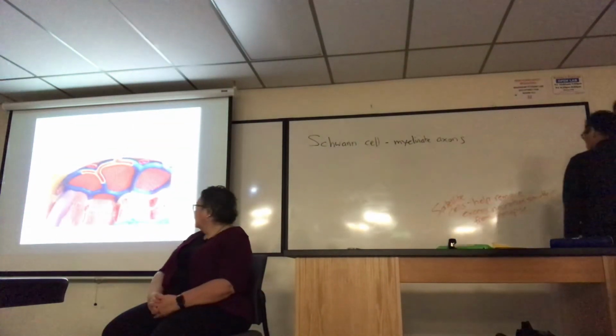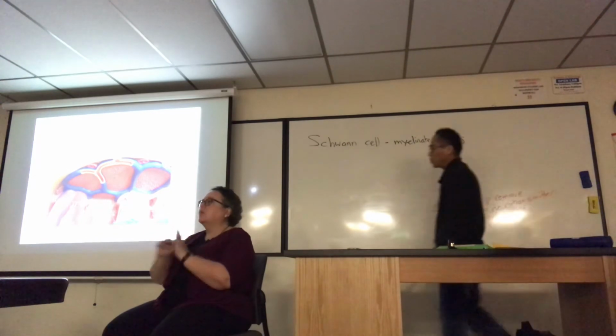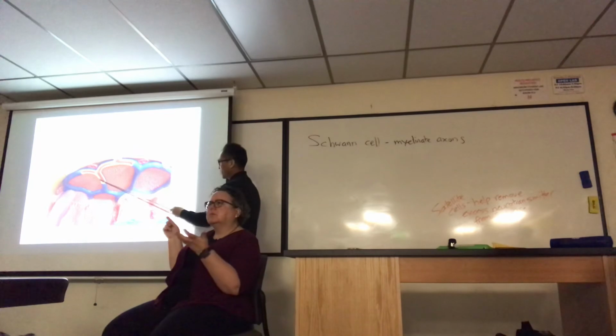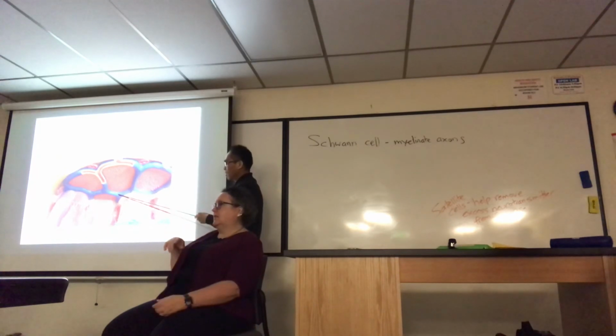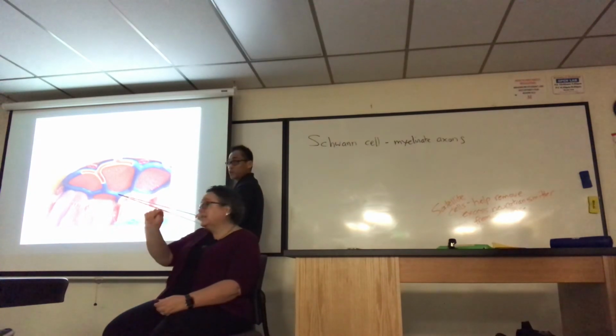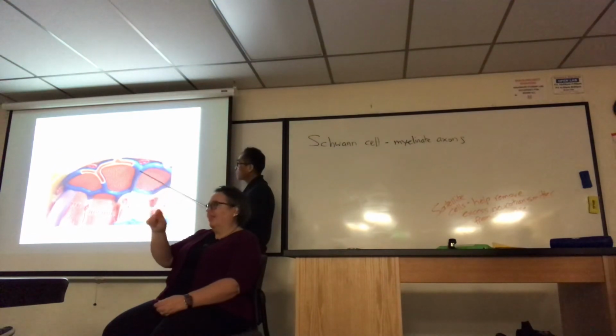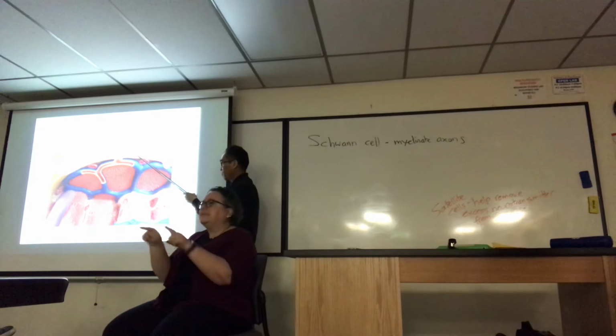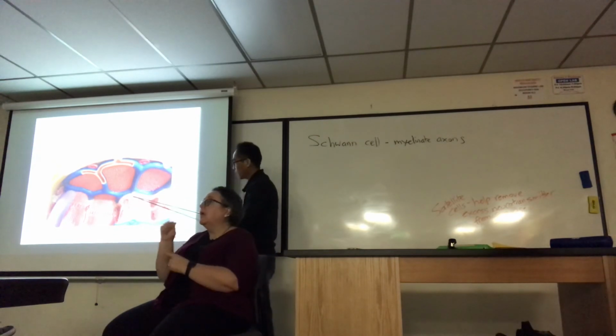Here's a picture of the model. What if I point to the blue thing? This tubule system. What do we call it? T-tubule. I could point to the blue stuff. What if I point to that hole? Same thing. T-tubule. Okay. What if I pointed to that?